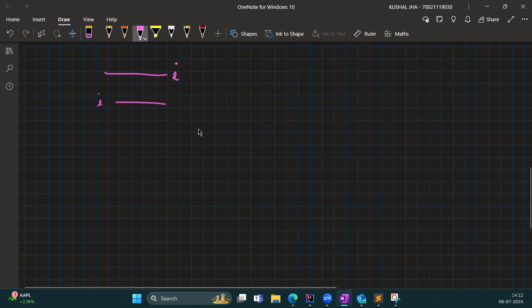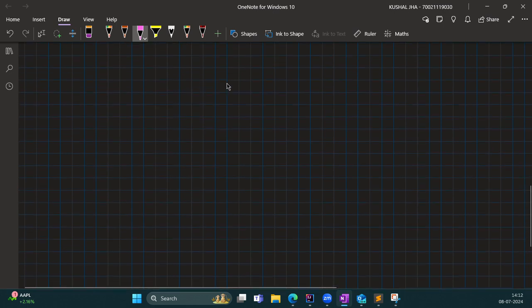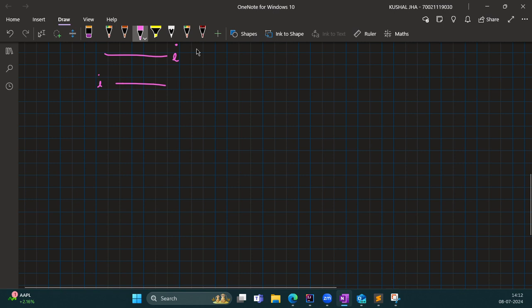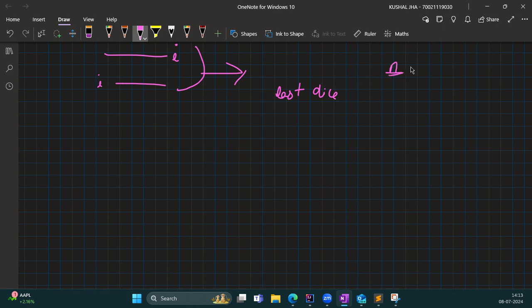In our problem, this maps to throwing our last dice. We want to reach the sum n, which let's assume is 10. We want to reach 10 and this is the last dice.